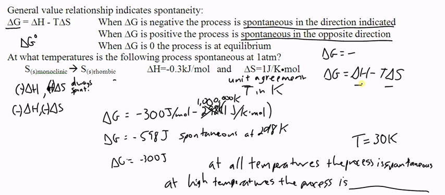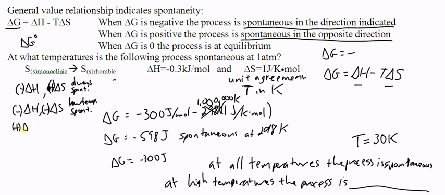Well, subtracting a negative is like a positive. So what happens is, in this case, at low temperatures, it'll be spontaneous in the direction shown. Because at low temperatures, this term here is not able to overcome this term here, and so the delta G remains negative and therefore spontaneous.